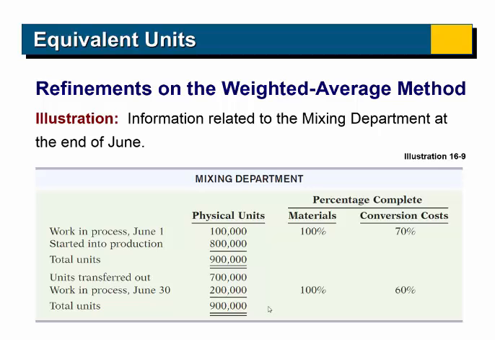The second part of information, you need to make sure that you understand what's going on here. Now, when we talk about materials, we are going to keep it really simple in this class, and we are going to use the assumption that whenever we have product placed into work in process, that we are immediately going to put all of the materials required for them in the process at the beginning.